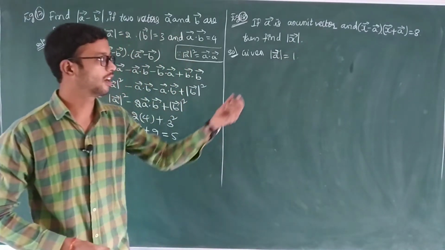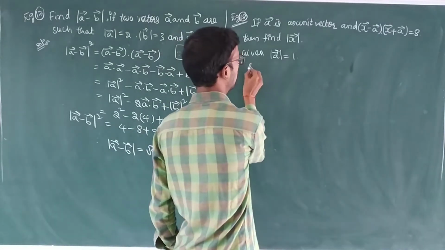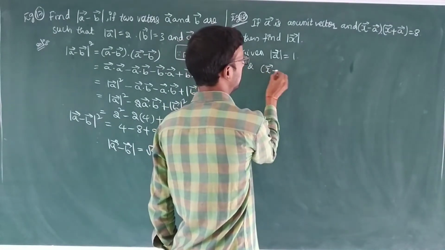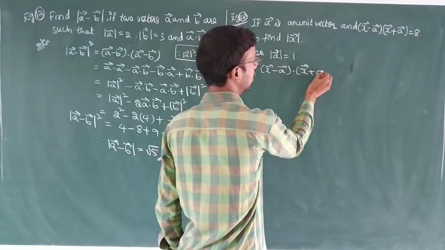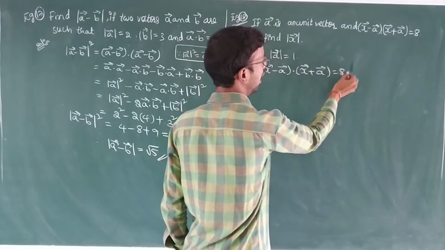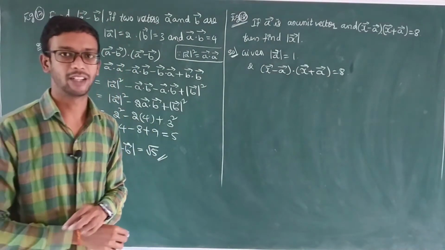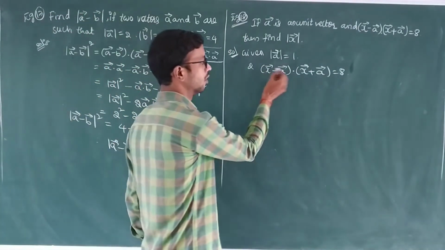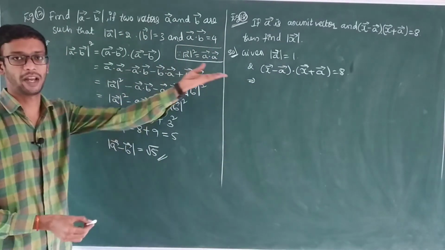Unit vector they given, so that only I am writing here. And one more thing also they given: X bar minus A bar dot X bar plus A bar is equal to 8. We have to find the magnitude of X bar. Just the same simplification we have to make here.